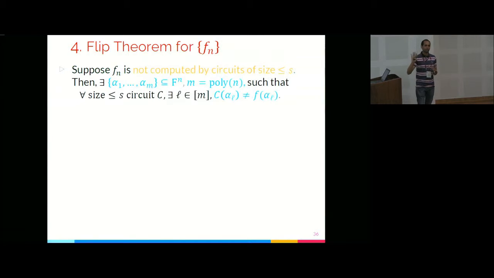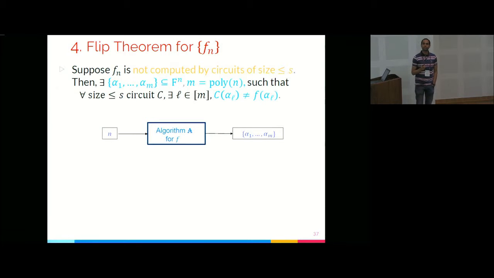Before stating the algorithmic question, let me state the theorem, which is called the flip theorem, for a family of polynomials F_n. Suppose you have an n-variate polynomial F with a guarantee that it is not computed by small size circuits, say circuits of size S. Then this theorem says that there exists a set of polynomially many points which act as witnesses, in the sense that if I give you a small size circuit, then there exists at least one point in this set such that the evaluation of that circuit and the evaluation of the polynomial at that point are different.